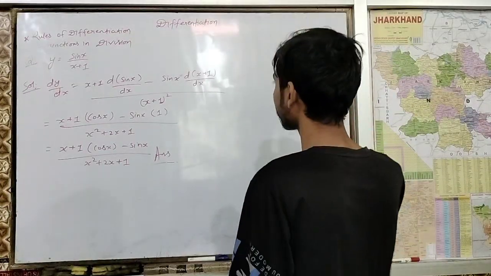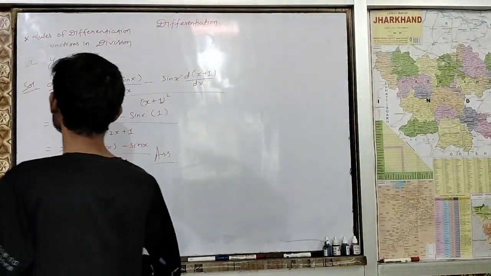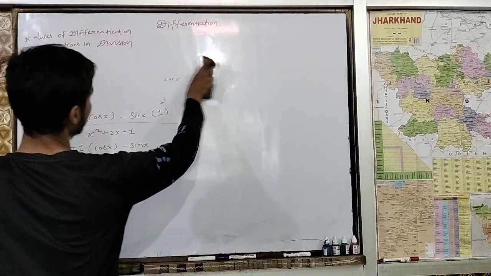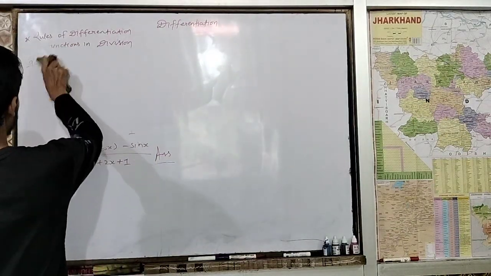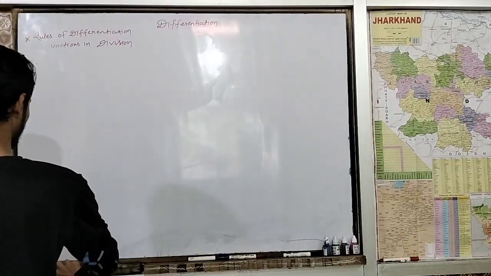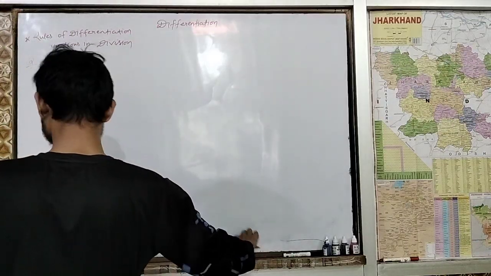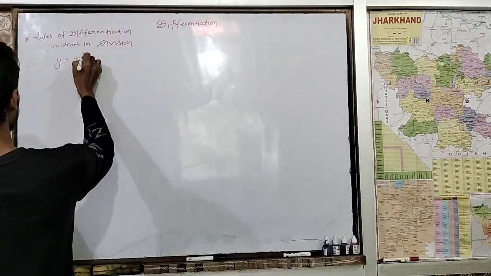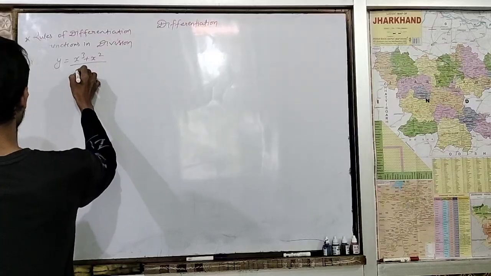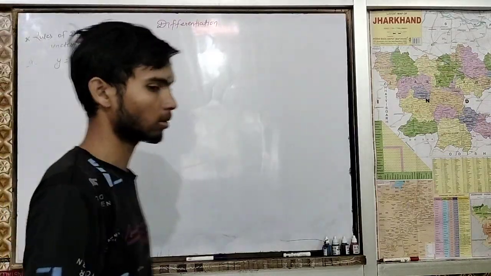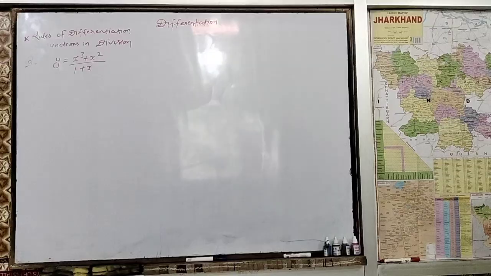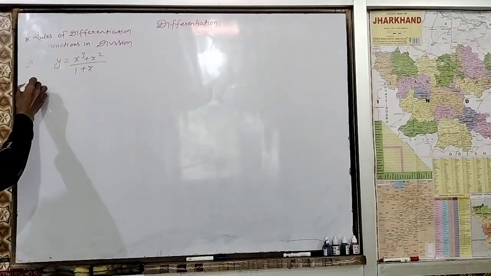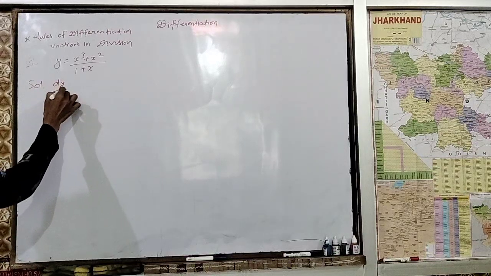Now next. This is the question. We have this u and this v. dy upon dx.